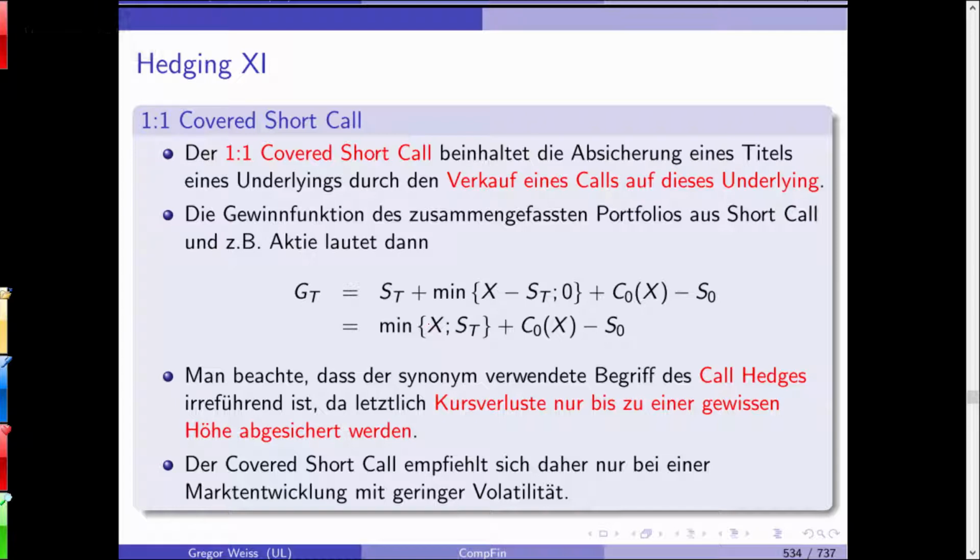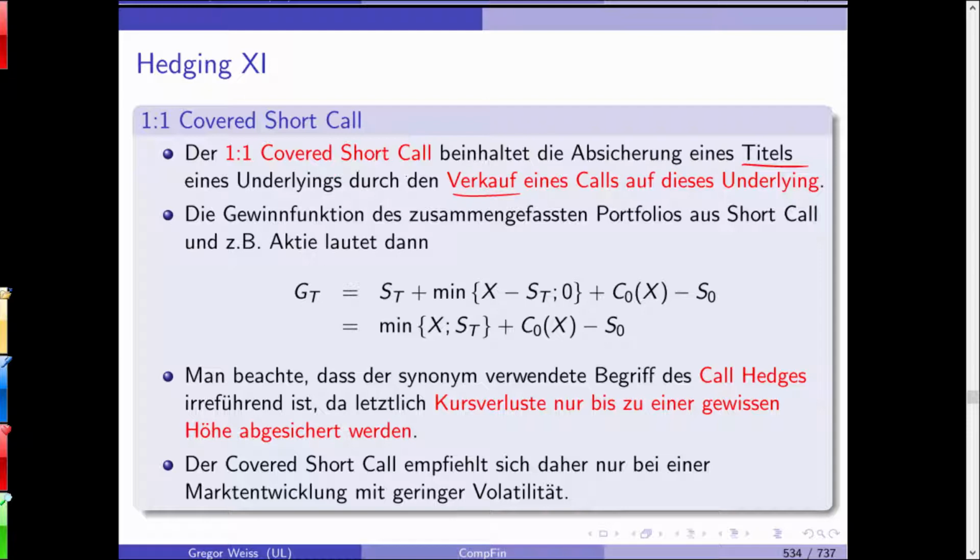Then you can combine some strategies. You can do what is called a 1-to-1 covered short call. You again have an underlying and you go short in a call. Remember that long put and short call are closely related to each other.